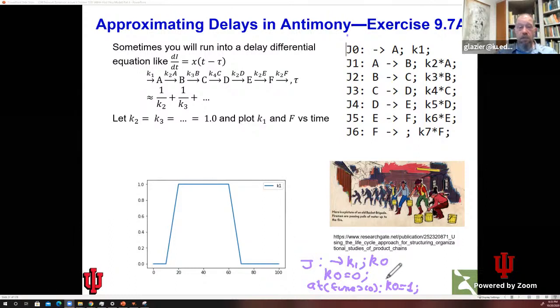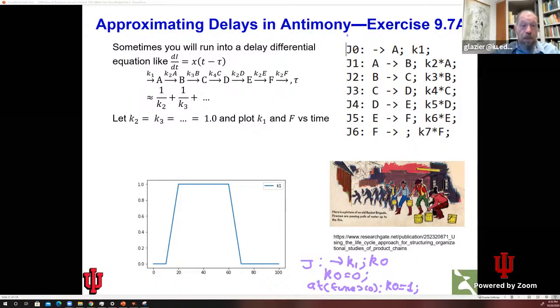Okay, so now this is a little bit of an exercise, and let's see whether people are able to do that. And again, a full exploration of delay equations and how to implement delays is actually pretty demanding.